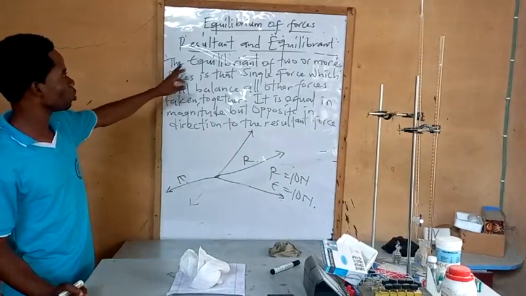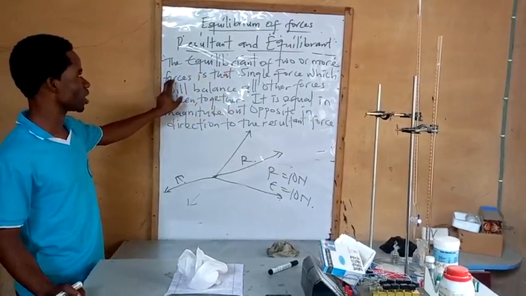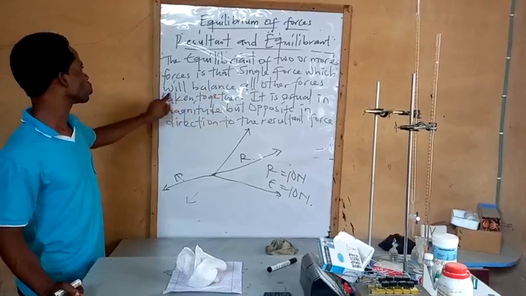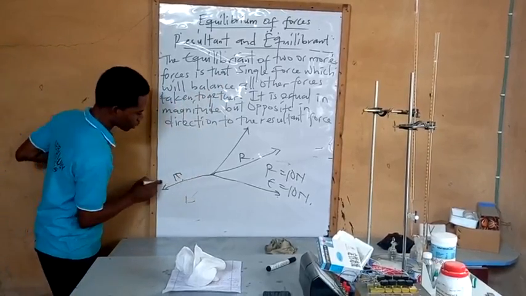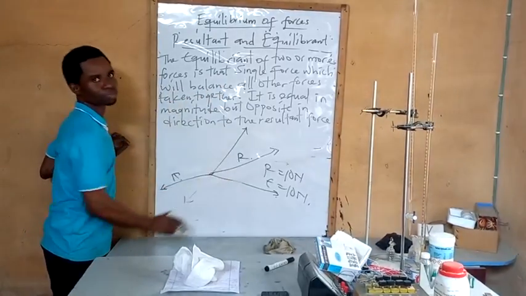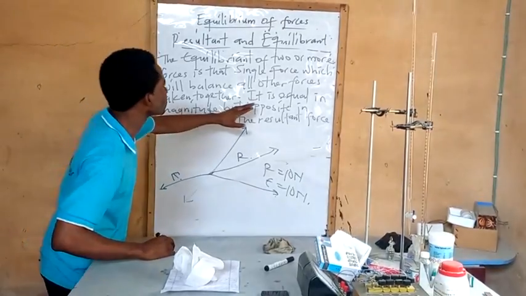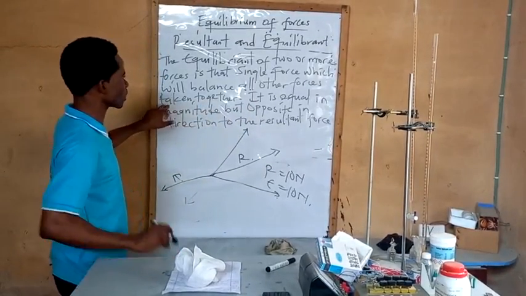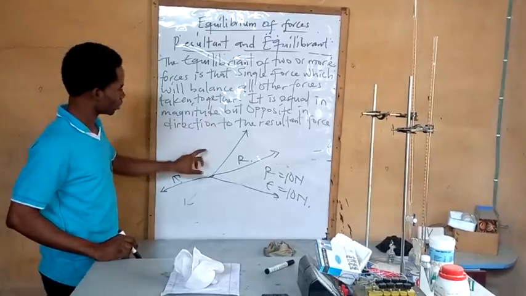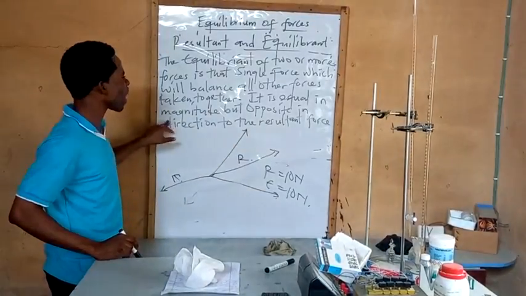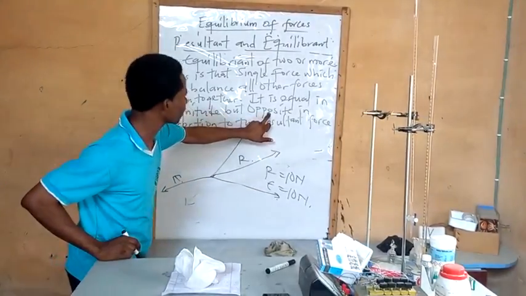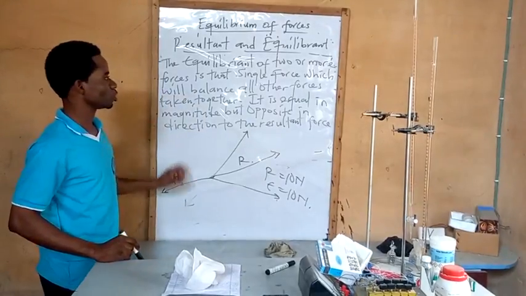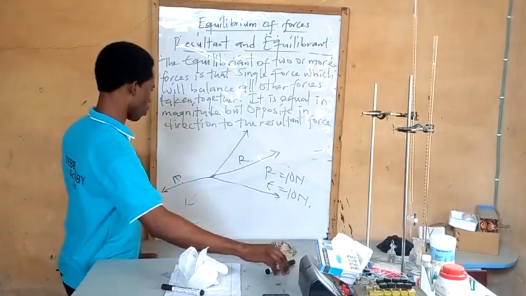So it's always the same magnitude as the resultant, but in the opposite direction. That's why I said the equilibrium of two or more forces is that single force which will balance all other forces taken together. Can you see the work of equilibrium? It is equal in magnitude but opposite in direction to the resultant force.